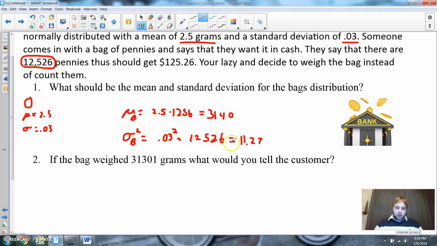Remember, this is squared, so I'm going to square root it, and the standard deviation for the whole bag is only about 3.36 grams. That's just a little bit more than a penny of deviation. That means we can be pretty accurate on how many pennies are in that bag, because even with that many pennies, it doesn't deviate very much.